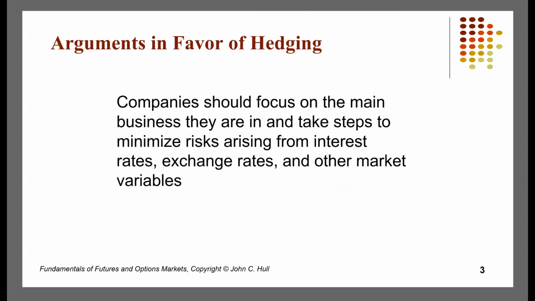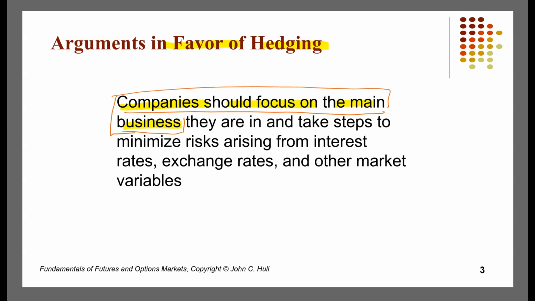Next, what we're going to do is look at the advantages, or the arguments in favor of hedging. What this says is that companies should focus on the main business. That's the key. The company should specialize in what it does best, its main business.